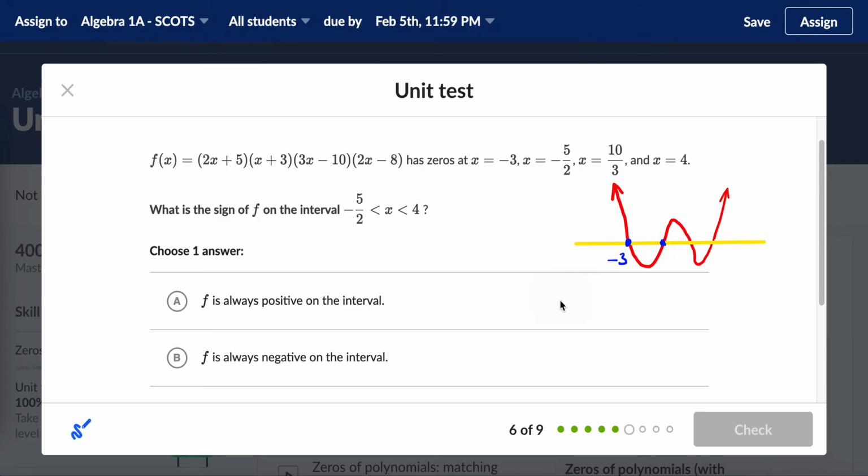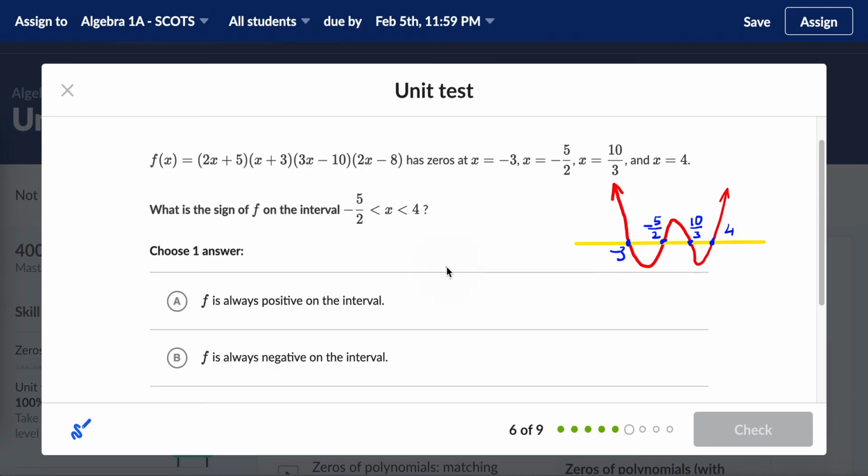My apologies, let's fix that. -5/2 is -2.5, so -3, -5/2. It's early in the morning. And then we've got 10/3, which is 3 1/3, so 10/3. And we've got 4. So those are our 4 zeros right there.